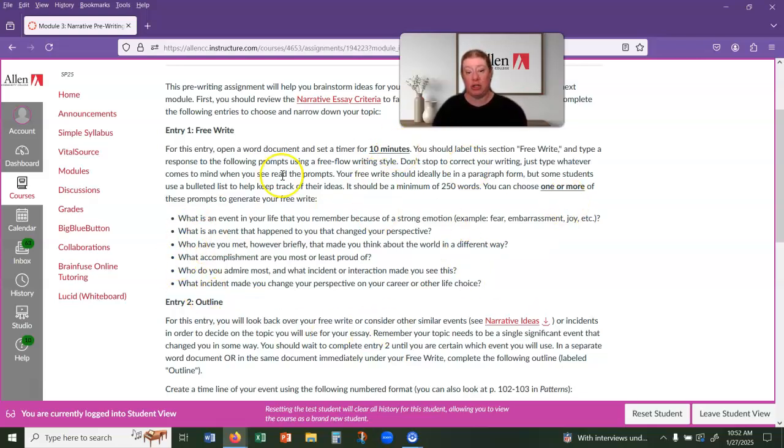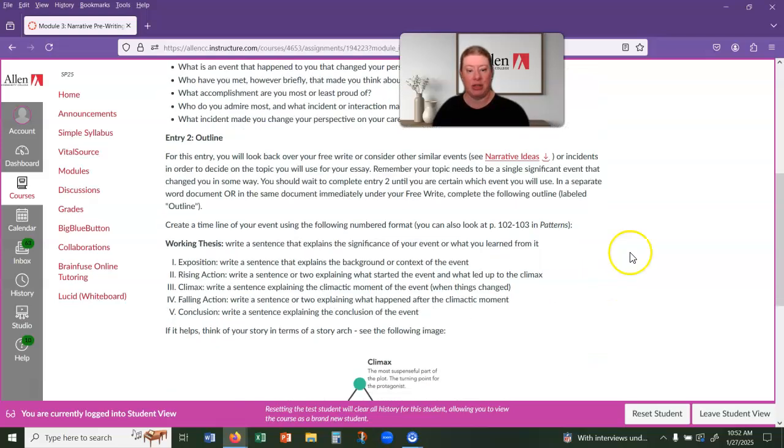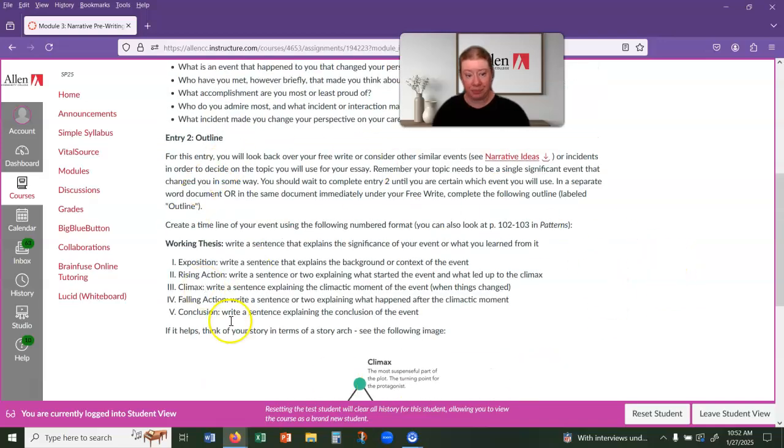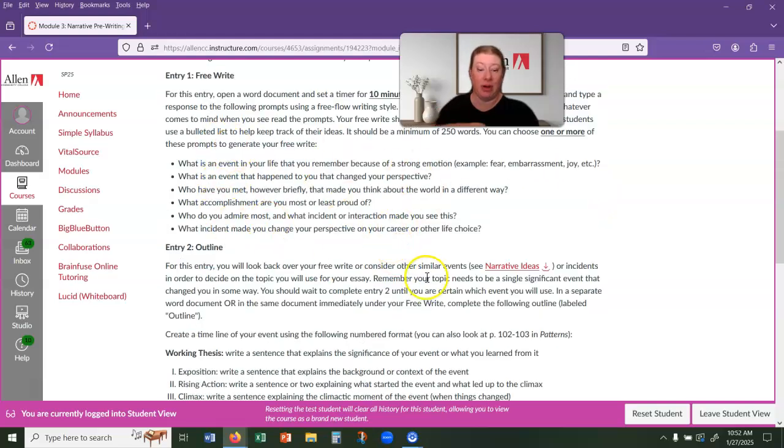And there's some questions that you can answer to help you out with thinking of different things that have happened within your life, different events that could potentially be something that you could use. And then the second part is to actually outline your essay. And I've got some narrative ideas here if you want to look at this document, or you can look at your free write.